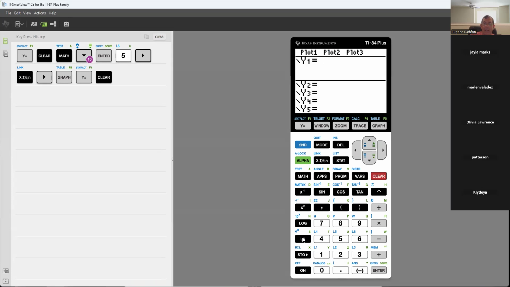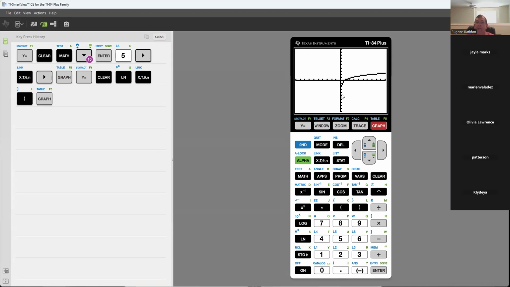So if you hit ln, now remember, ln is a log base e actually. So let's put in our x. And y'all watch this graph. It is going to look really close to that last graph. Logarithmic graphs, whether it's a log or a ln, always have that same shape, okay?